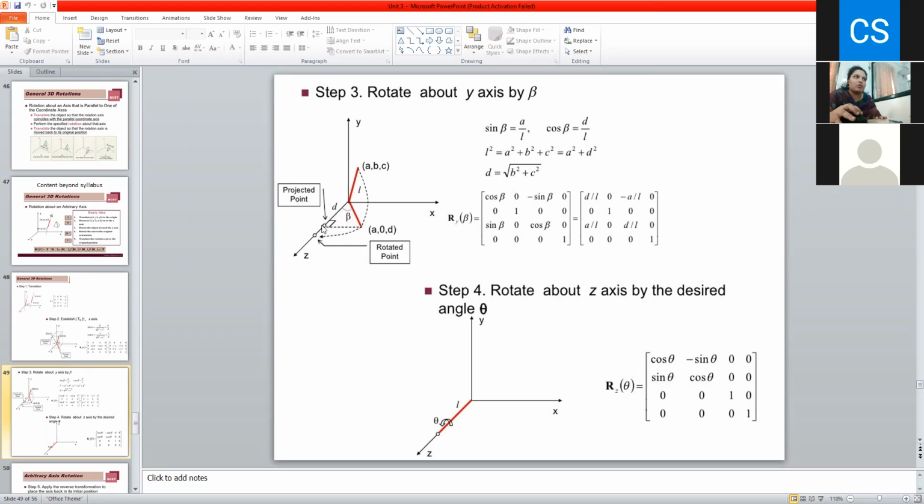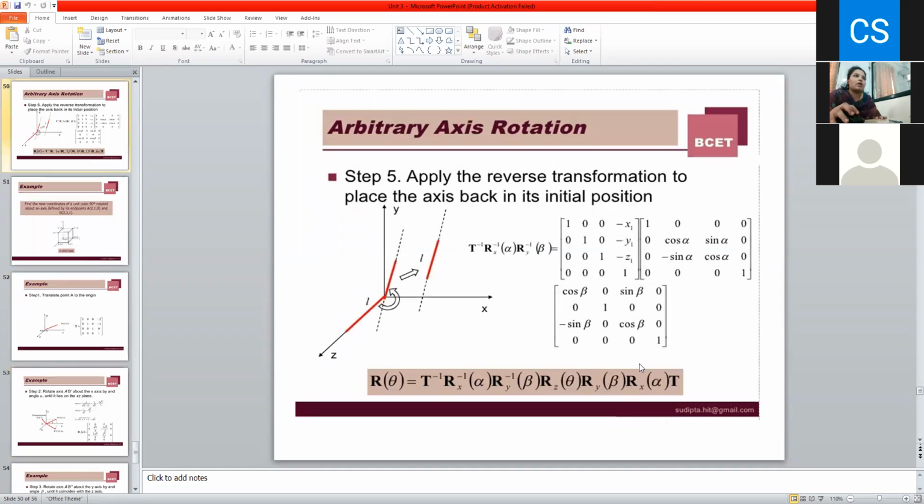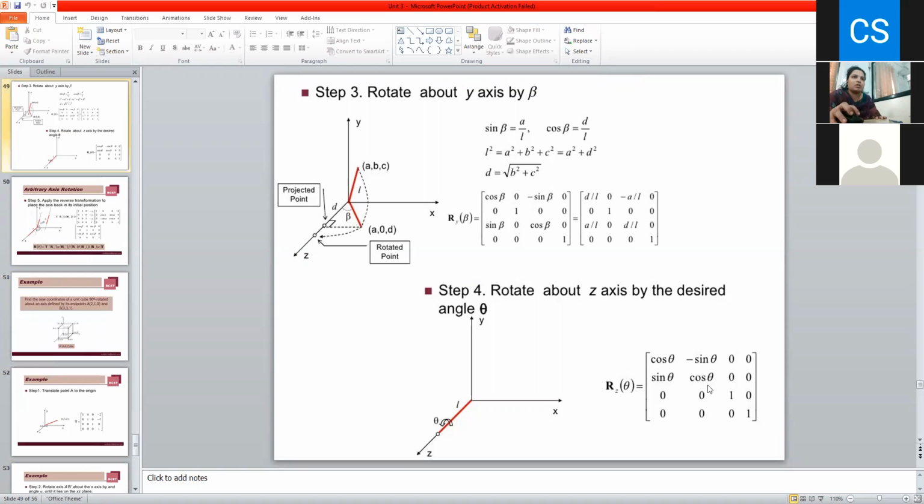So it is the point x2, y2, z2. And then z-axis and that point are the same, and that's why carry out the rotation with z-axis. So this is the T matrix for rotation. And then translate them back to its original position. So translating back. So these are the first three transformations: translation, rotation about x, rotation about y. Then this is a rotation about z.